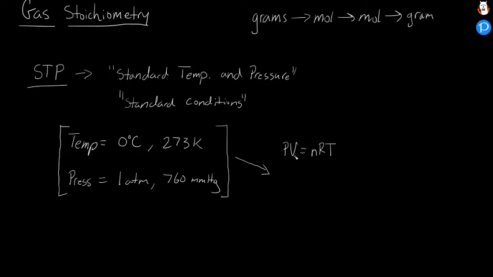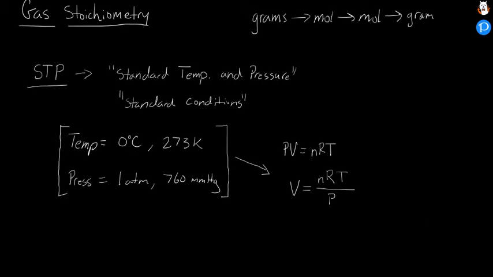And what we're going to do is solve for the volume. So we're going to rearrange this equation to solve for the volume, which is going to end up being the number of moles times the gas constant times the temperature over our pressure.